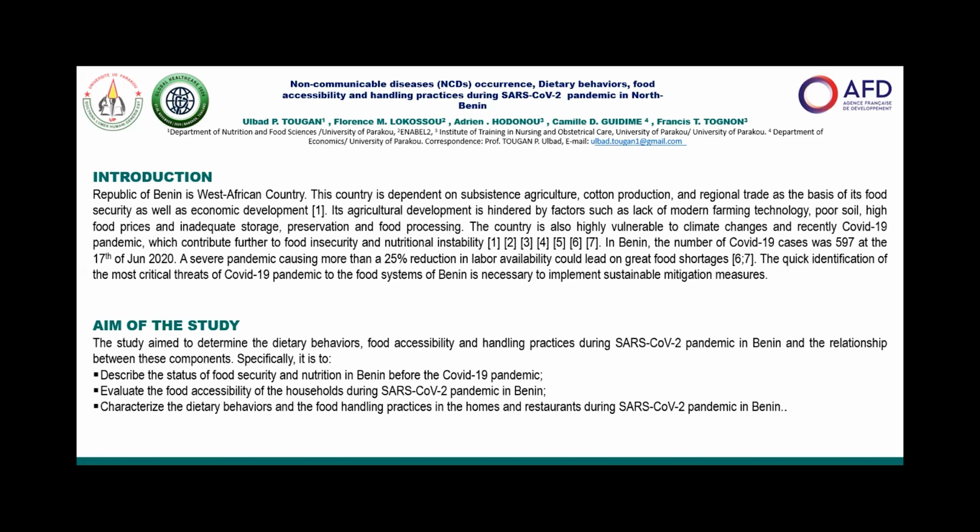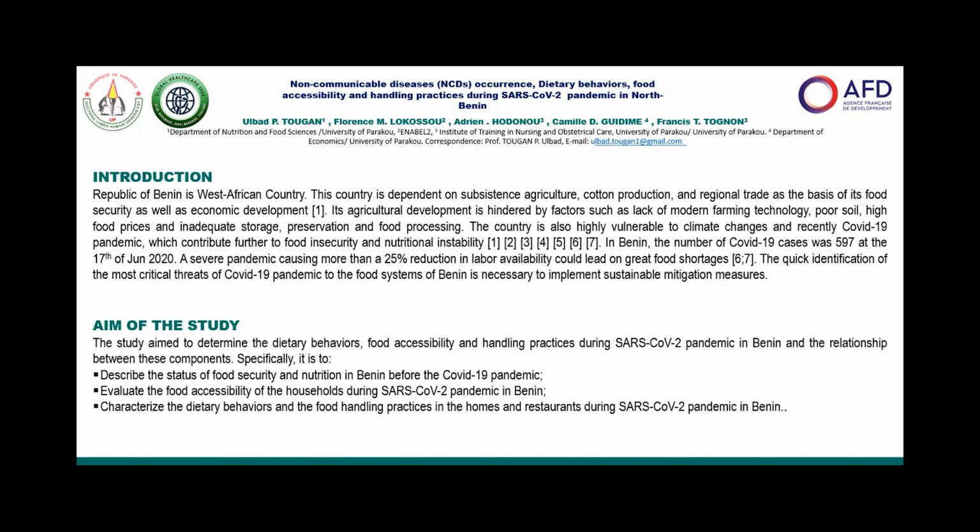A severe pandemic causing more than 25% reduction in labor availability could lead to great food shortage. The quick identification of the most critical impacts of the COVID-19 pandemic on the food system of Benin is necessary to implement sustainable mitigation measures.